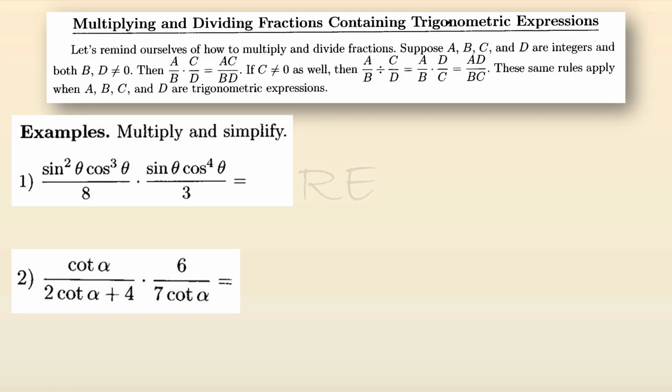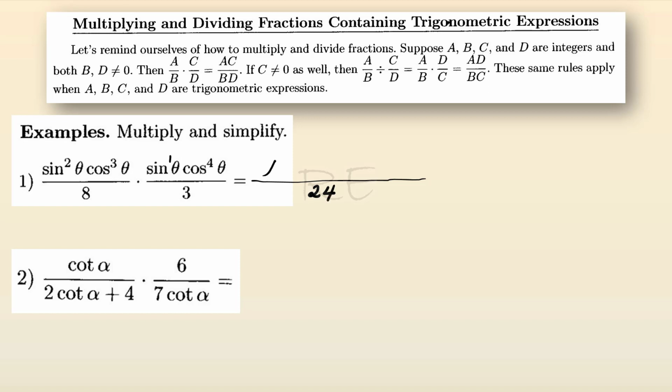To multiply trigonometric expressions, we'll multiply numerator by numerator and denominator by denominator and cross cancel the common factors. Now, 3 times 8 is 24. Took care of the denominator.